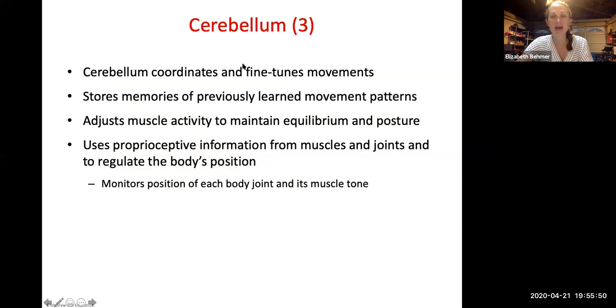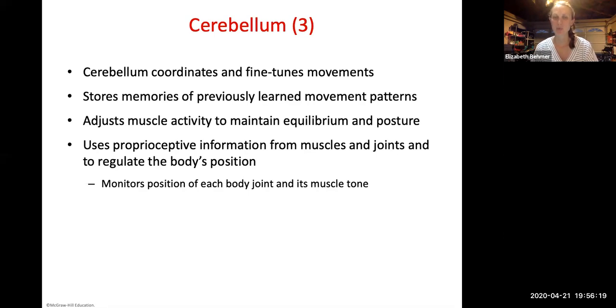The functions of the cerebellum, and this will help you answer number 17, are coordinating and fine-tuning movements, storing memories of previously learned movement patterns like playing the piano or other instruments or riding a bike. And it helps to adjust your muscle activity to maintain equilibrium and posture. So the idea of just maintaining balance happens in your cerebellum.